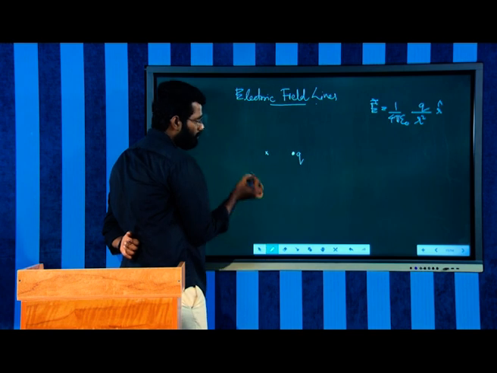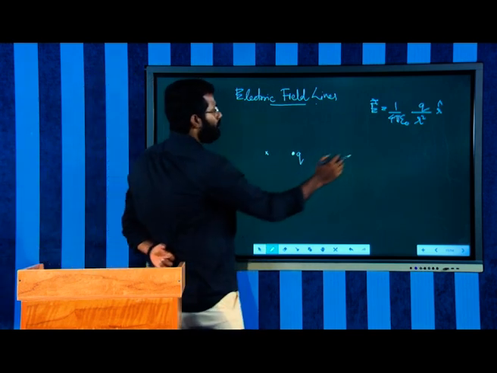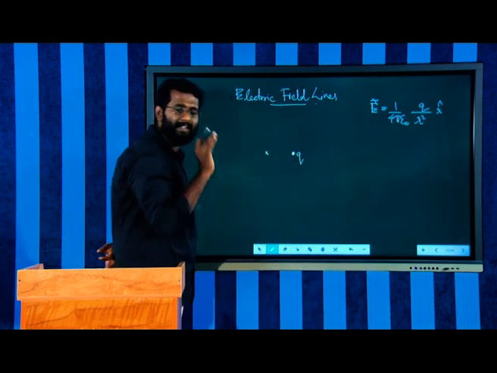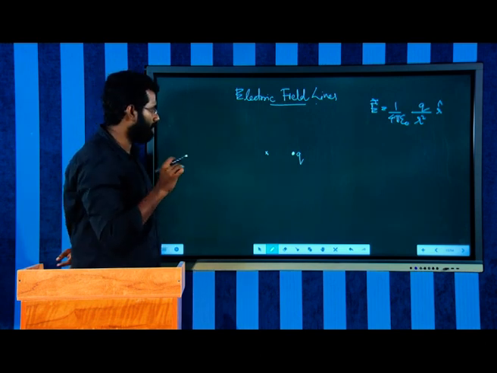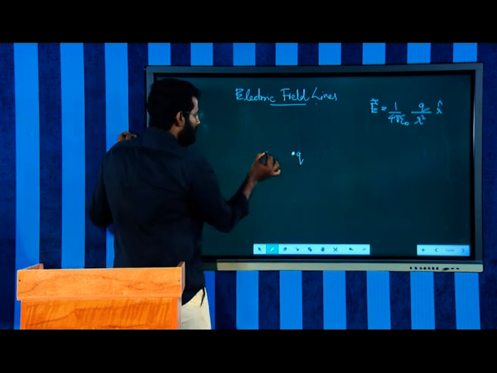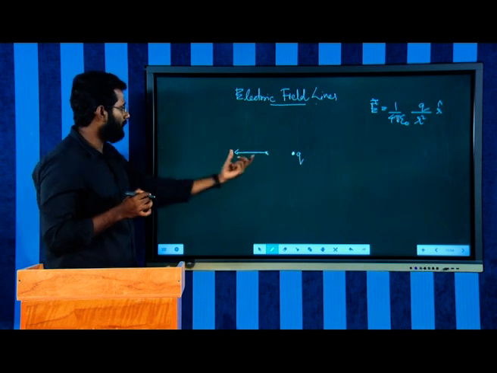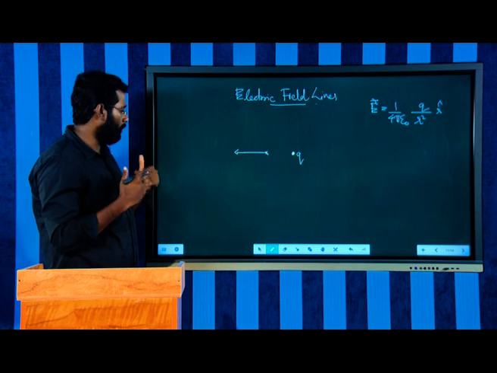At this point, what is the value of this electric field? We know that its value is 1 by 4 pi epsilon 0 q by r square into r cap, and that is a vector. Let me draw that vector, not exactly with that same magnitude, but representatively at some length, this much. Now, its length is this much. Now, I am going to draw one more.